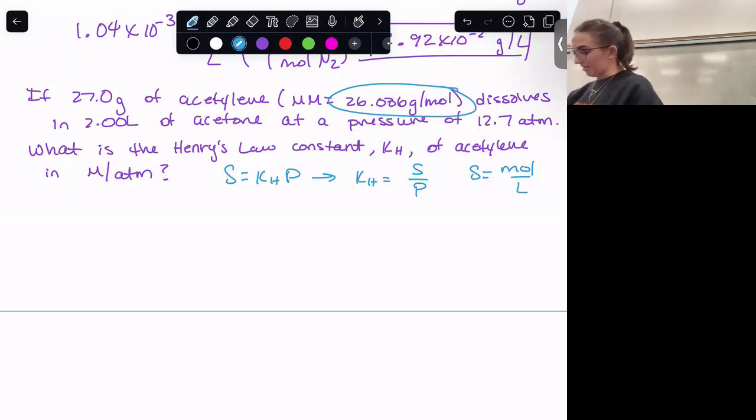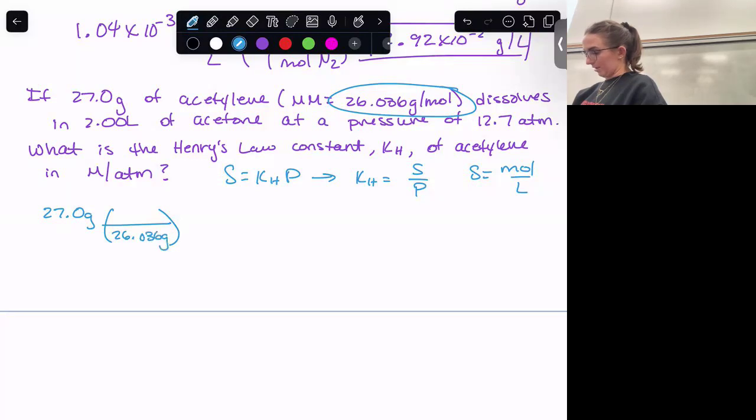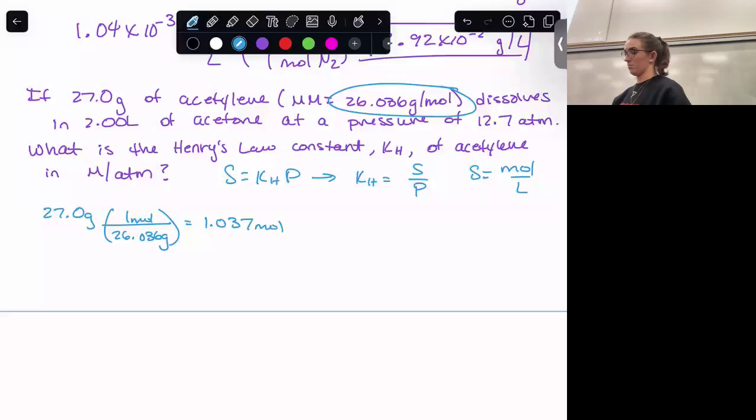By the grams by the molar mass. So we'll have 27.0 grams times 1 mole over 26.036 grams. So that's 1.037 moles.